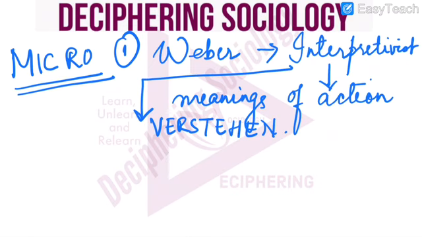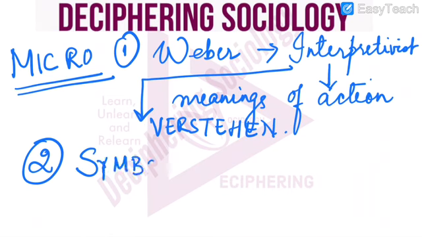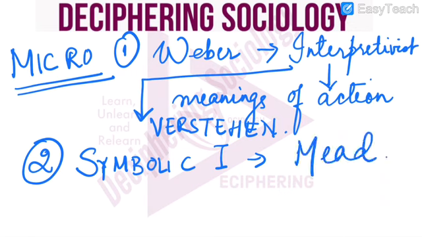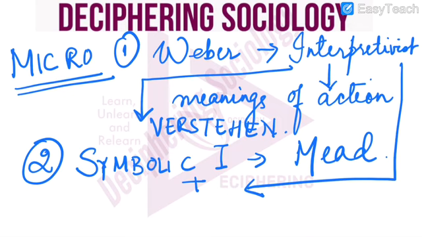The second in our syllabus is symbolic interpretivist or interactionist. This person is Mead. Okay. So, he was symbolic interactionist plus interpretivist. Because here also what is happening?